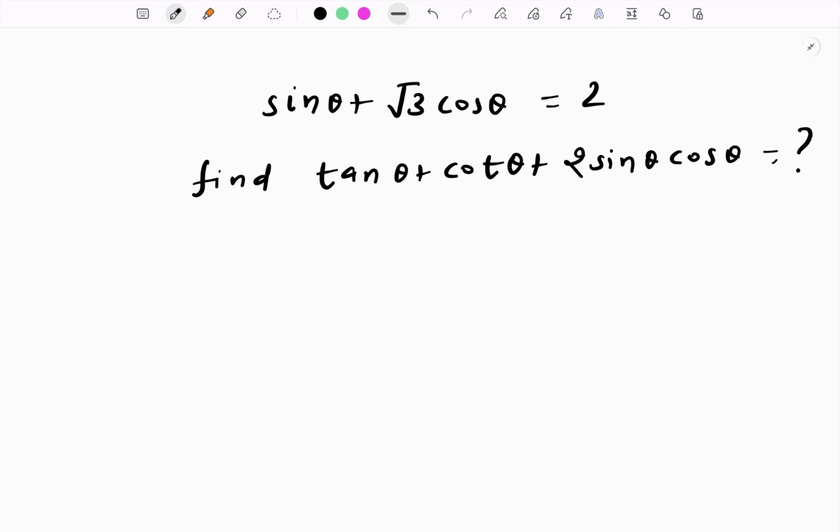So let's generalize this result. Let's find out a general result.